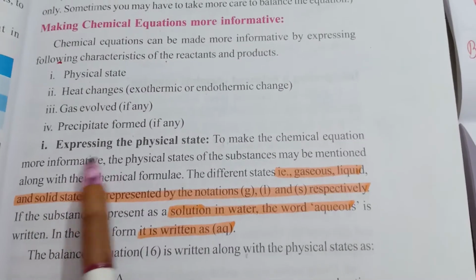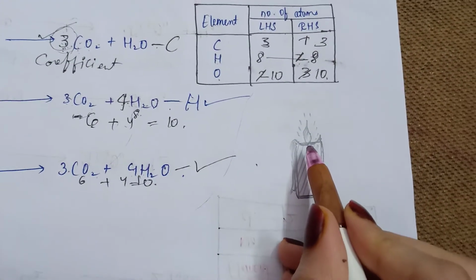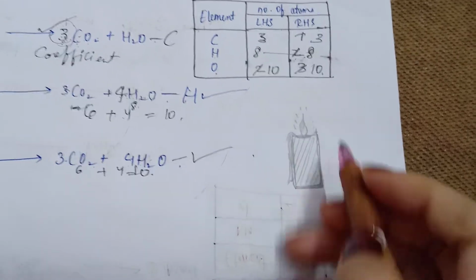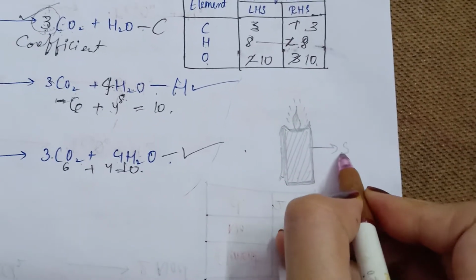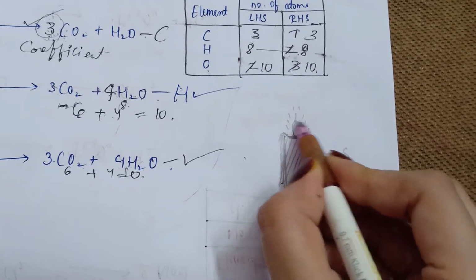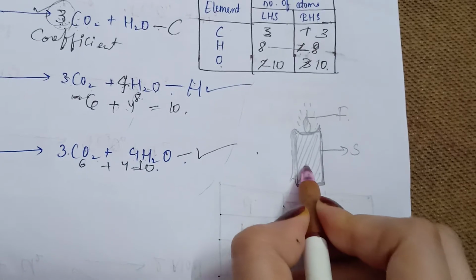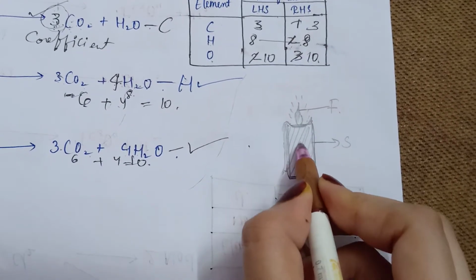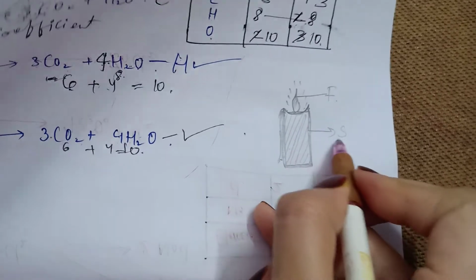So first of all, expressing the physical state. How? For example, when a candle is burning, the candle is in solid state, right? And when the fire comes in contact with the candle, what happens? Actually the candle is made of wax.